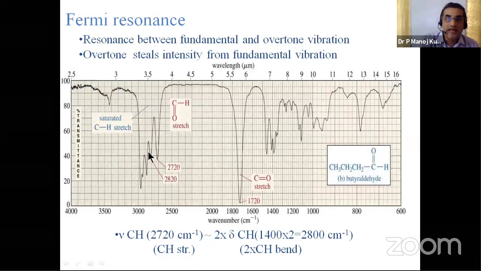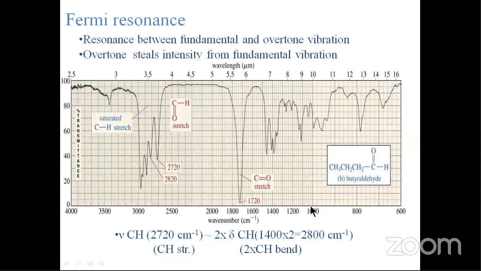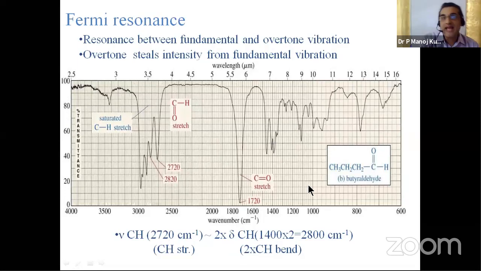At 2820, you are able to see a peak. It is an overtone band. In usual circumstances, you should not be able to see this peak. But here, you are able to see this peak because this 2800 is close to 2720. So this overtone will absorb the energy from this band and you will be able to see it as a separate band. This is one of the prominent diagnostic bands in the case of an aldehyde.